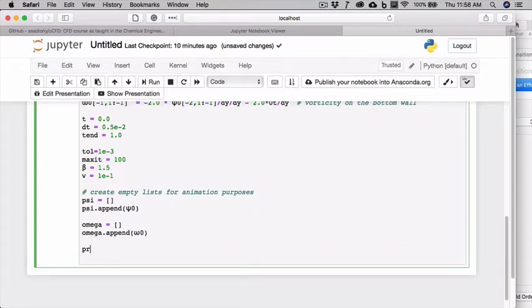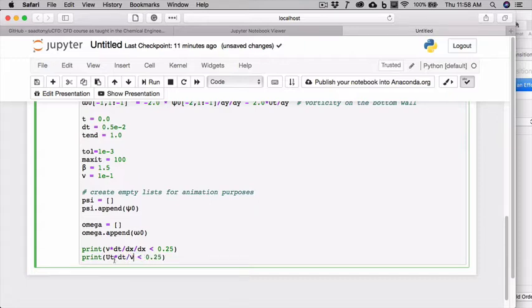Now, just to double check the stability conditions, nu times dt over dx squared, we said it should be less than 0.25. And then the other condition was velocity times dt over nu.